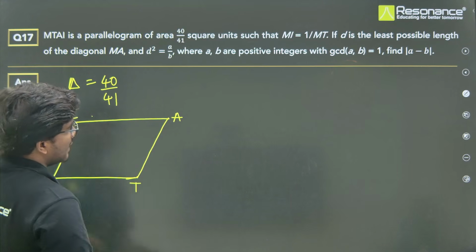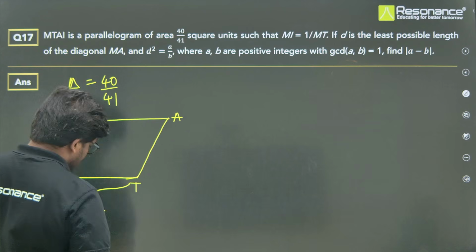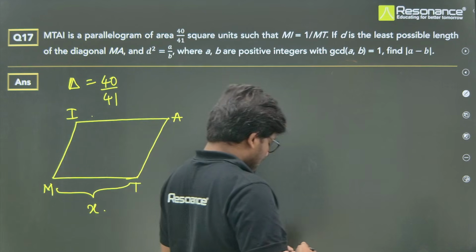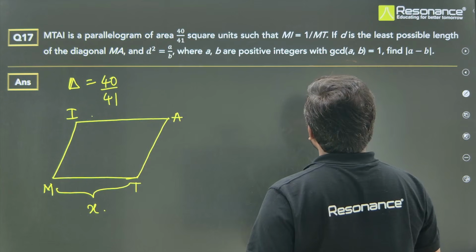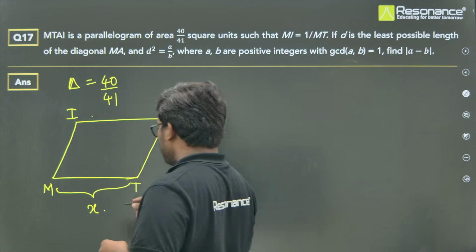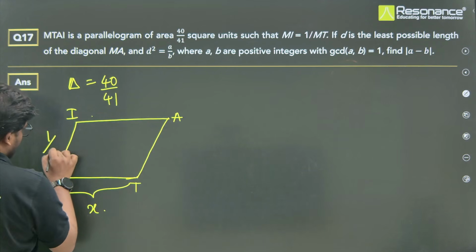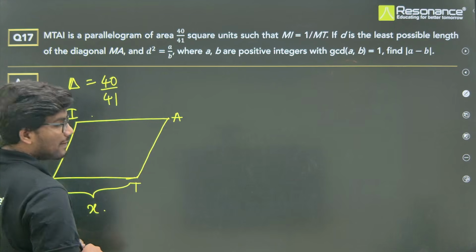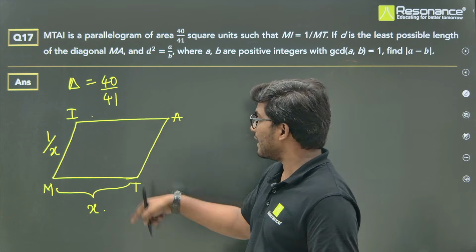They didn't give us anything about MT. Let's denote MT by x. Since MI is 1 by MT, this just becomes MI is 1 by x.